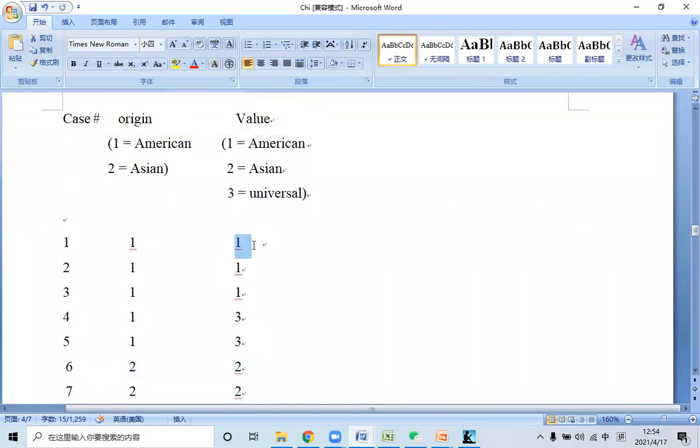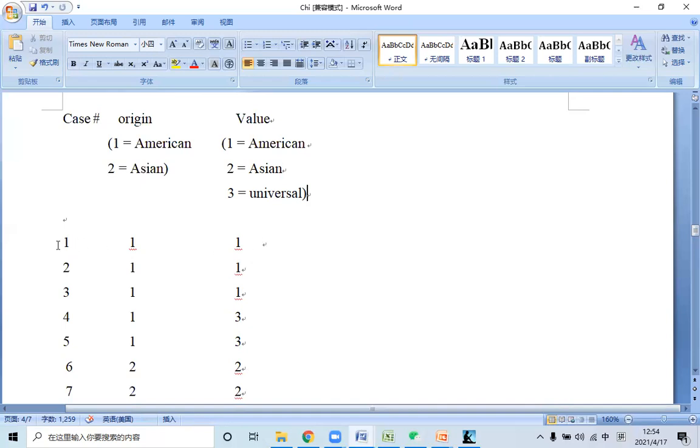For each TV commercial, you code what kind of value it is expressing. Is it showing something about individualism, or is it showing something about family, groups, collectivism, that kind of values, or is it universal, health and beauty?